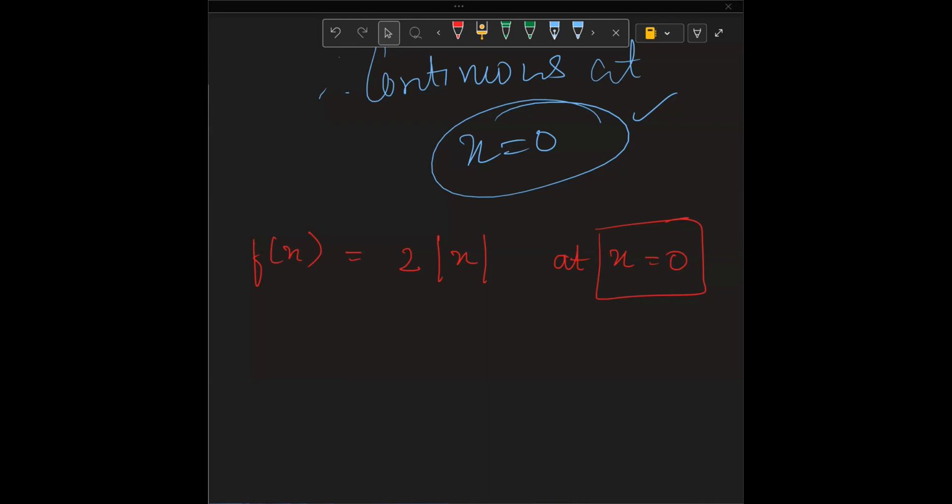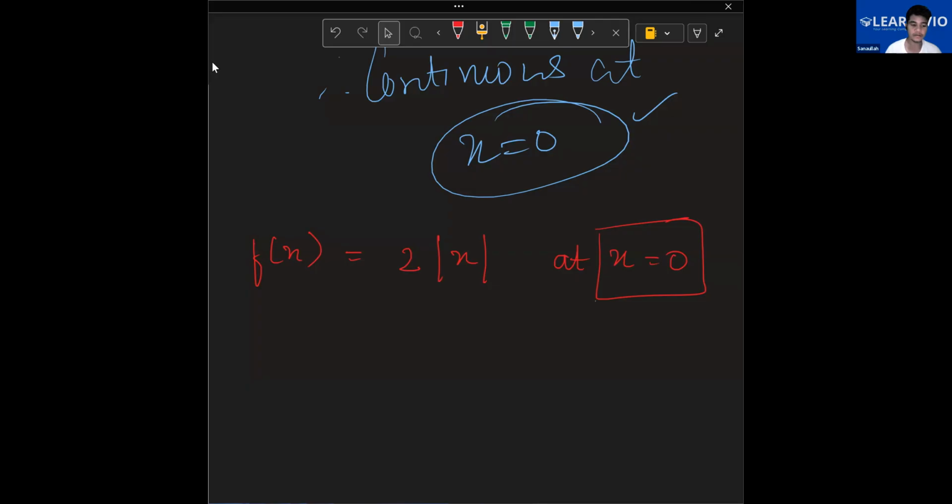So it was supposed to be 0, right? Yeah, answer is supposed to be 0. I know that answer is supposed to be 0. But आपका LHL कितना आ रहा है? My LHL is 0. LHL is 0 because 0 and minus of x.